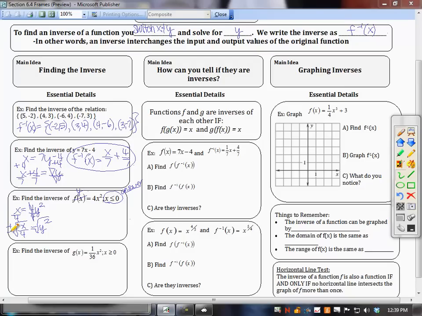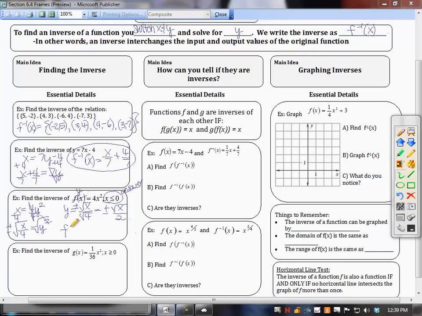Now, as I look at this, I'm going to do a little bit of work first before I decide to write the inverse. The square root, if we remember back to chapter 5, we square root the top and we square root the bottom, and then we have this plus or minus. Well, the square root of 4 is 2. So I have plus or minus the square root of x all divided by 2. Now I'm ready to write my inverse because I solved for y.